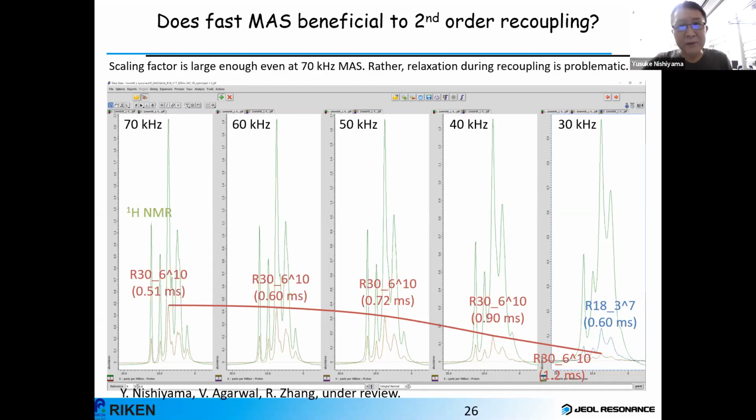If we increase further, maybe 100 kHz or 150 kHz, maybe we will suffer from small second-order dipolar coupling. We have to think about this. We didn't try a faster spinning frequency than 70 kHz, so I don't have an answer at this moment. But at least up to 70 kHz, the faster the better.